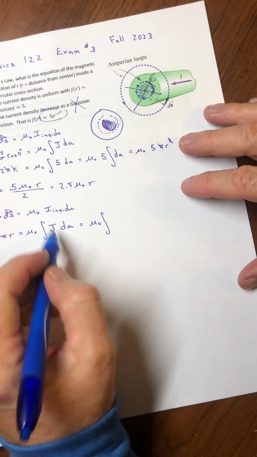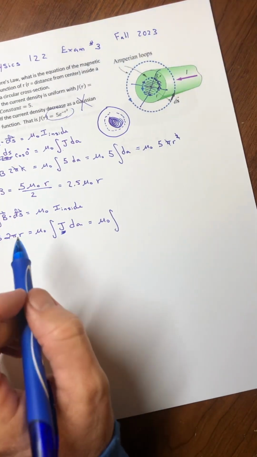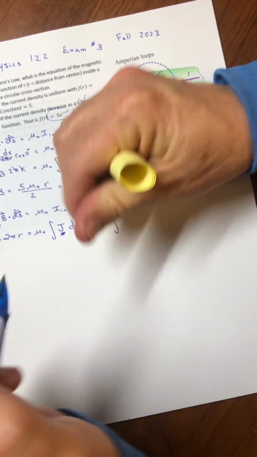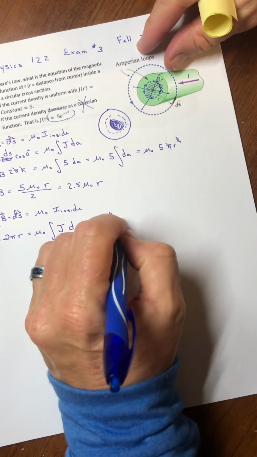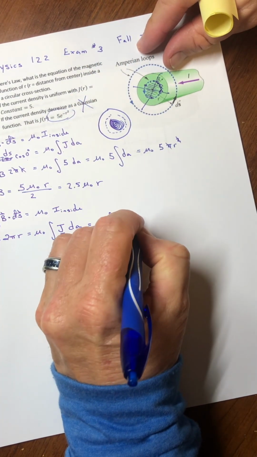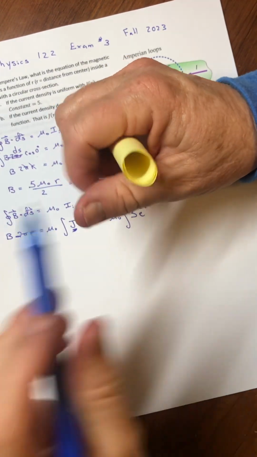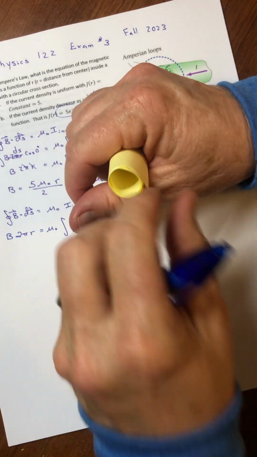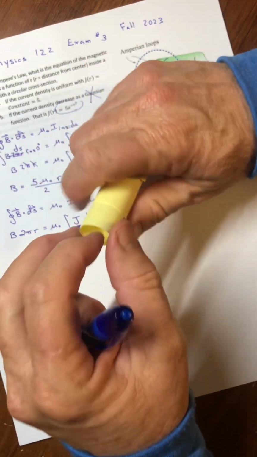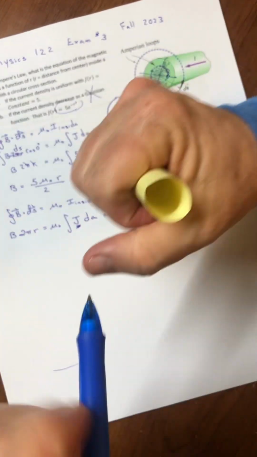And so what I'm getting at is I would then take the current density that changes with r, and according to this equation, it's 5 times e to the negative r squared. And then I would have to take the area of one of these, and it might be hard to see the area. This is so thin.